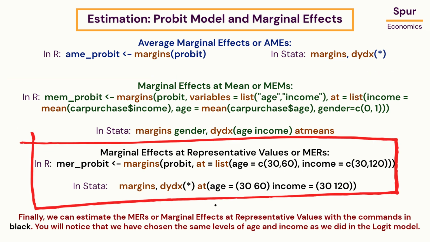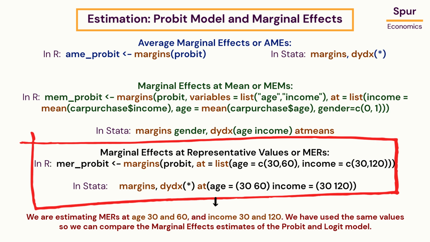Finally, we can estimate the MERs or marginal effects at representative values with the commands in black. You will notice that we have chosen the same levels of age and income as we did in the Logit model. We are estimating MERs at age 30 and 60, and income 30 and 120. We have used the same values so we can compare the marginal effects estimates of the Probit and Logit model.